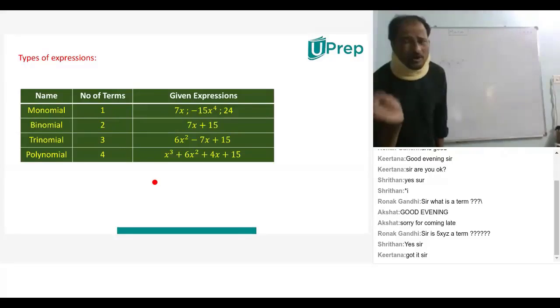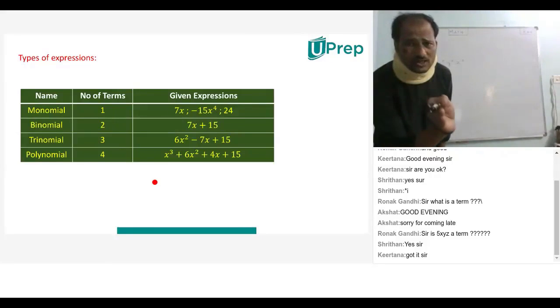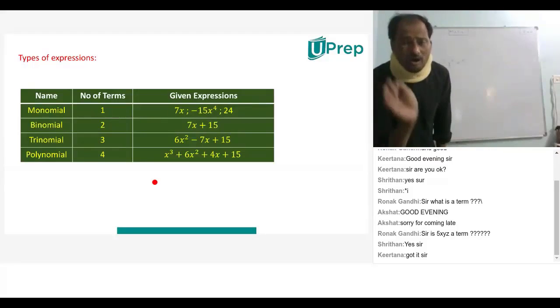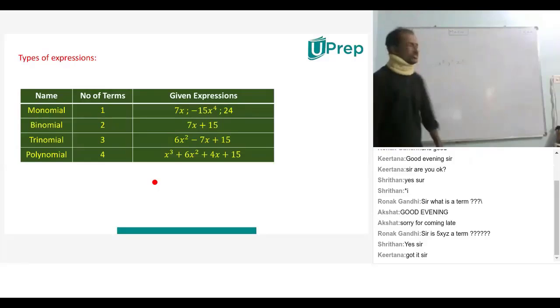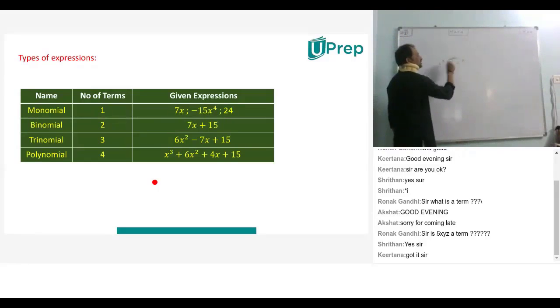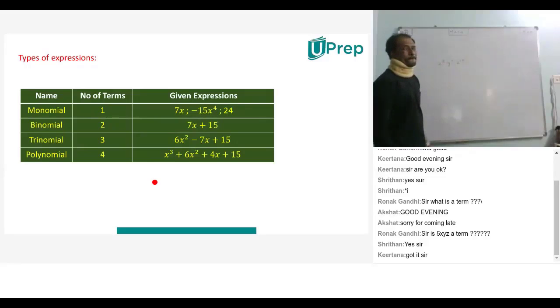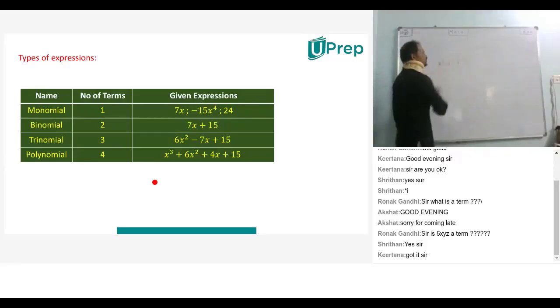The sum of the powers of all the variables in the monomial. The sum of the powers of all the variables in a monomial is called its degree. Now, what is the degree here? 8 plus 2, 10. 10 plus 12, 22. So 22 is the degree of this monomial.